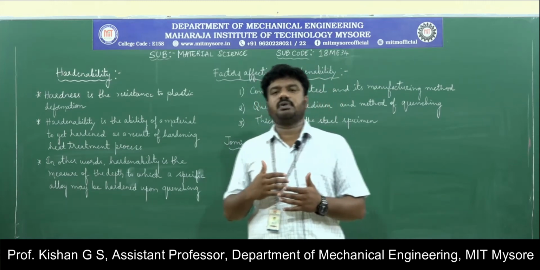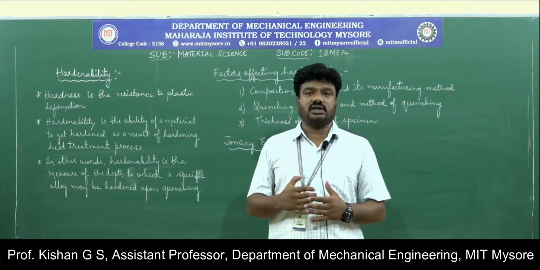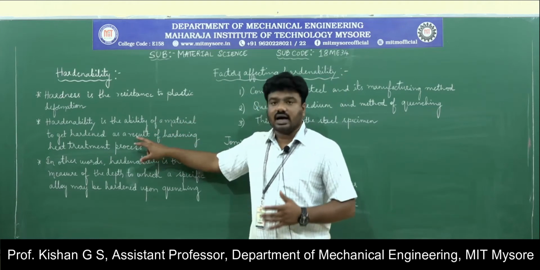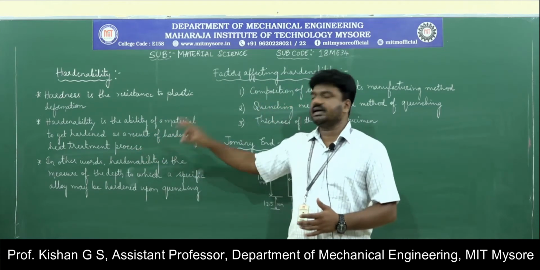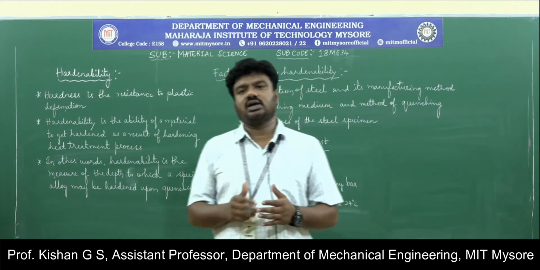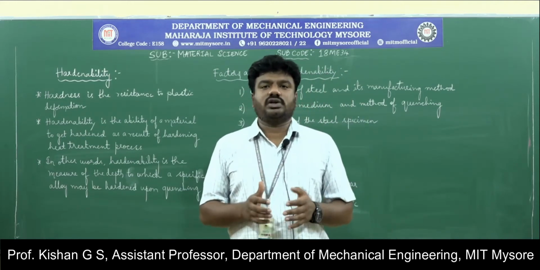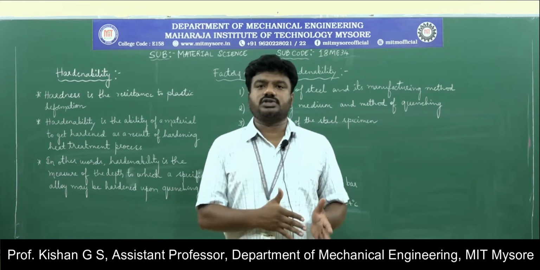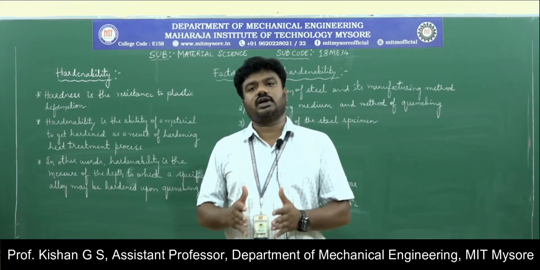But hardenability is the ability of the material to get hardened as a result of the hardening heat treatment process. We have studied the process of hardening for different compositions: one is hypoeutectoid steel, another is hypereutectoid steel.